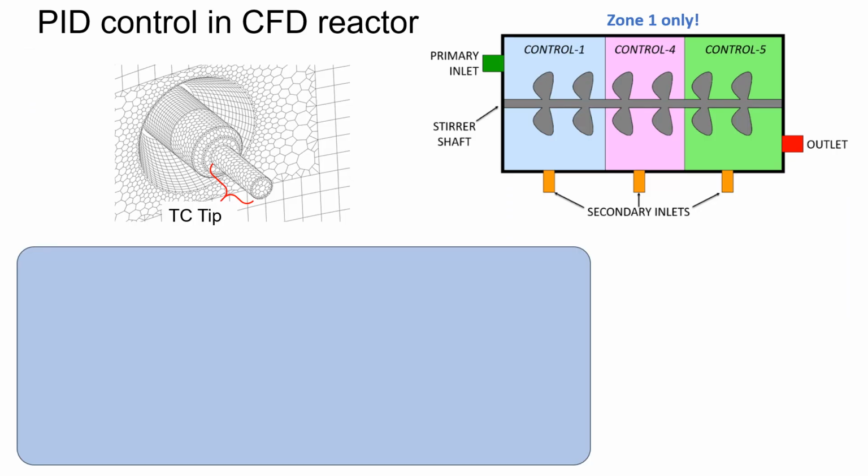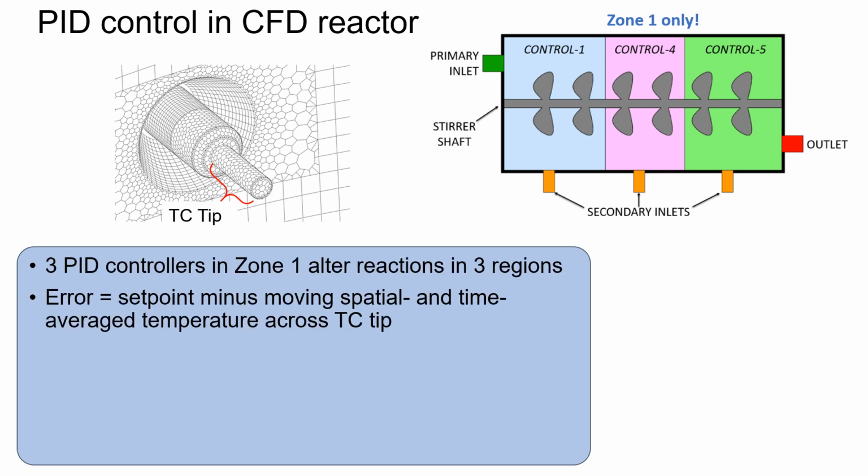So how PID works in our current reactor, we're going to focus on zone 1 only. And in zone 1, there's an inlet on the left, an outlet on the right, and downstream of this on the right are other zones actually attached to zone 1, but they're not shown for simplification purposes. There is a stirrer shaft, and on the left-hand side is the thermocouple, which is TC.